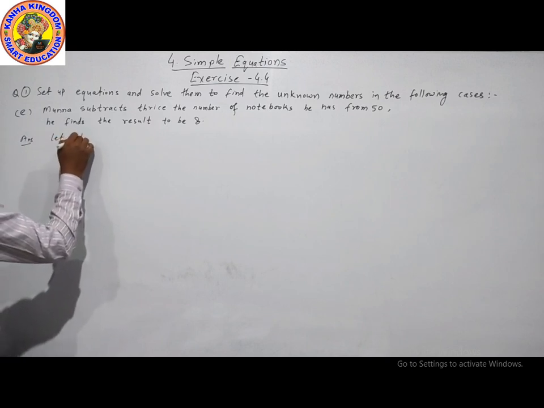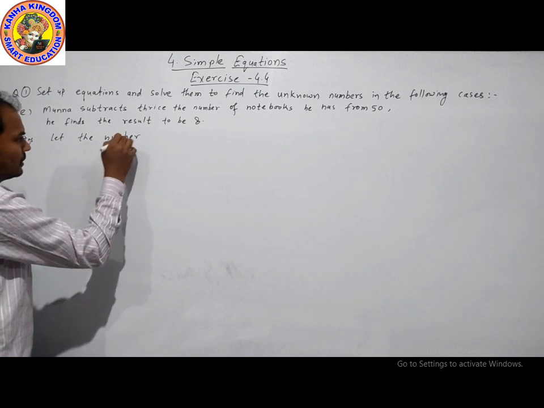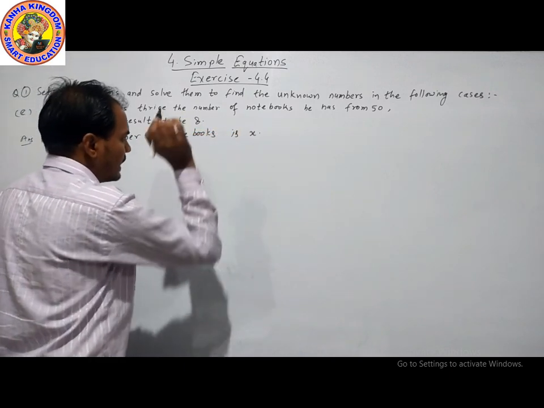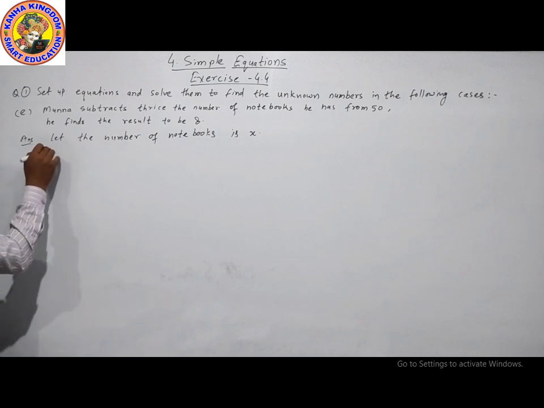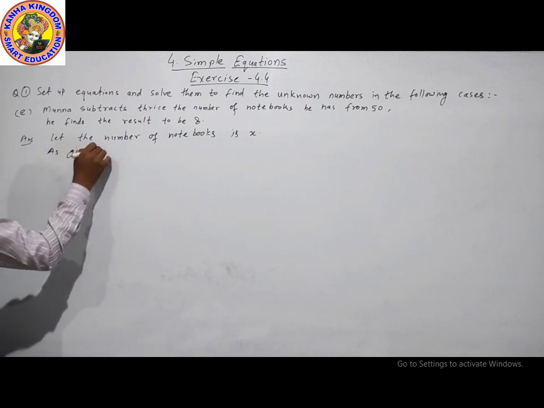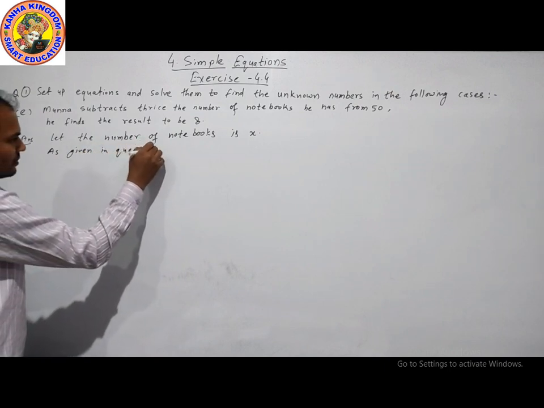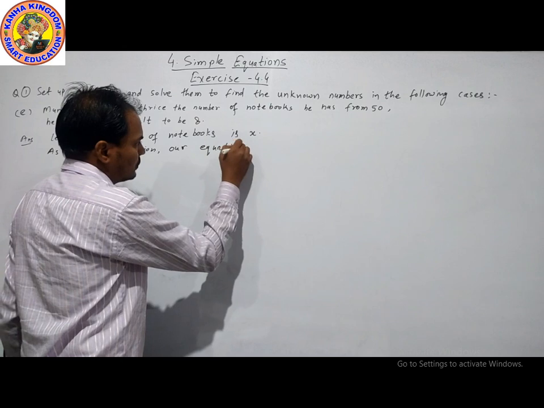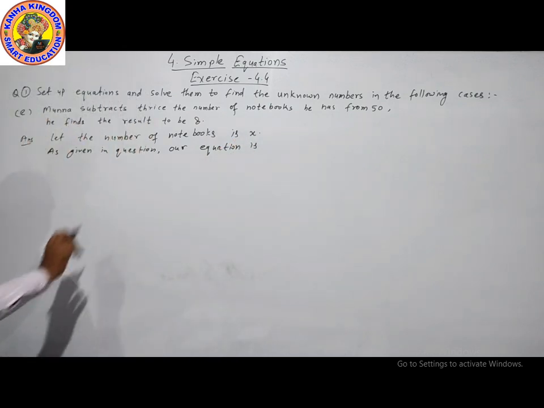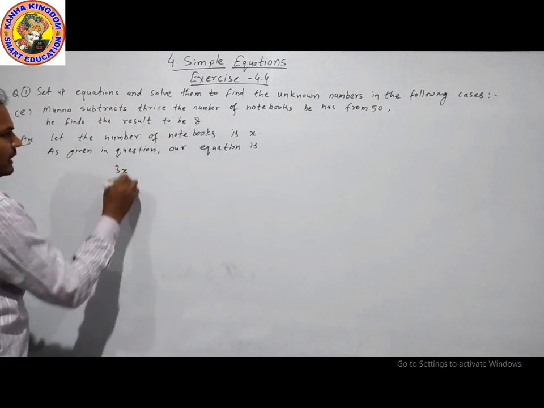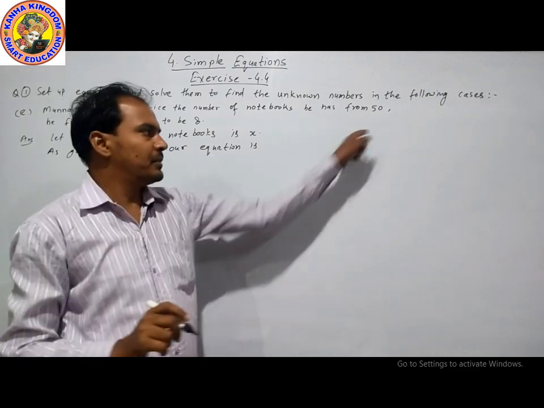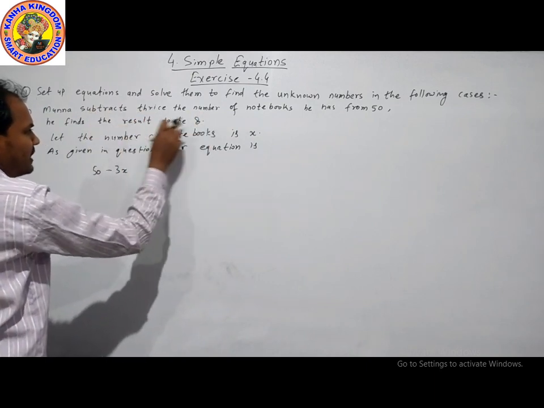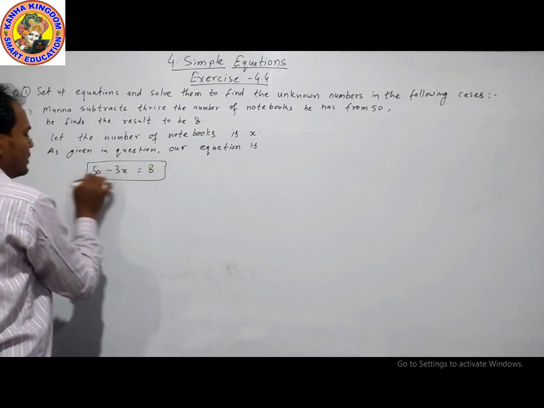Let the number of notebooks be x, as given in the question. Our equation is: thrice the number, 3x, subtract from 50, 50 minus 3x, the result is 8. This is our equation.